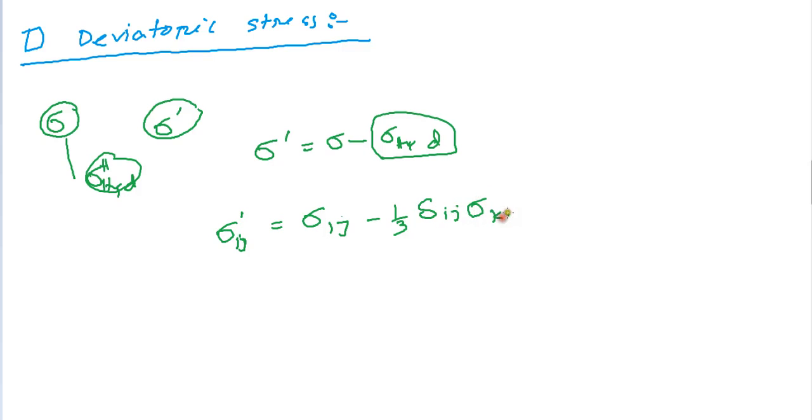Or in terms of pressure, we can write sigma ij plus pressure P delta ij, since the hydrostatic stress is equal to the negative of pressure. So this is the deviatoric stress, which is related to the shape change.